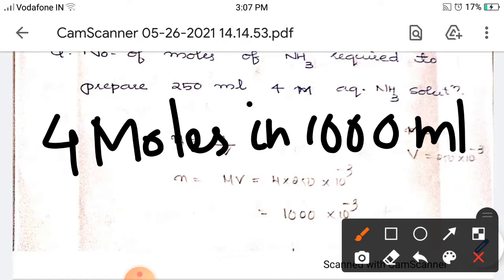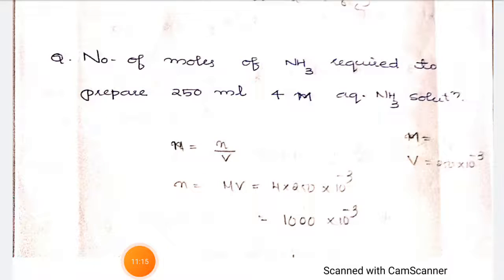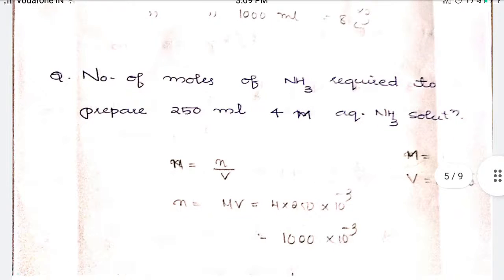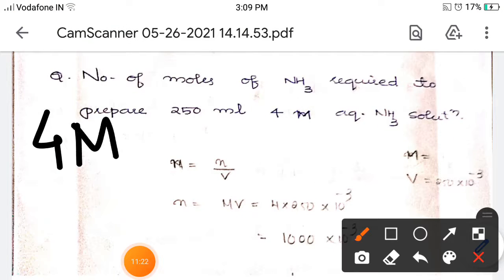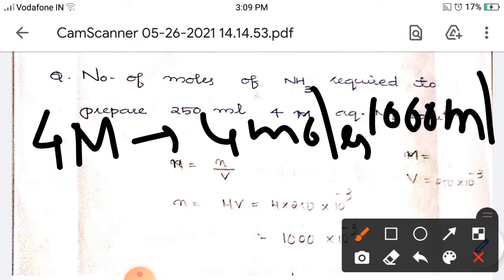So in 500 ml, how many moles are present? 2 moles.